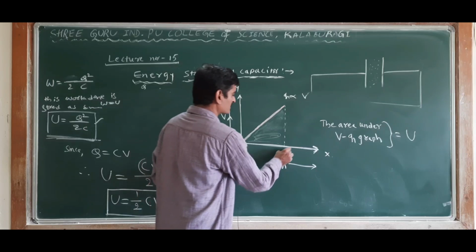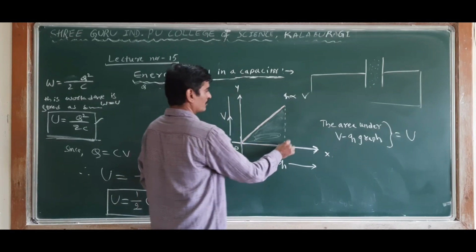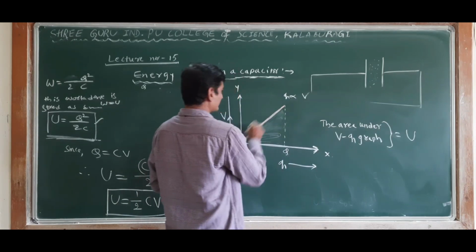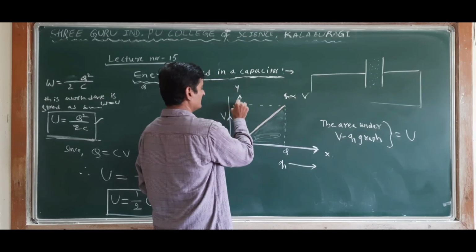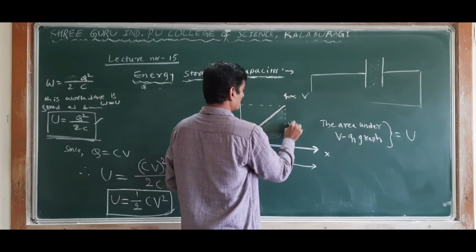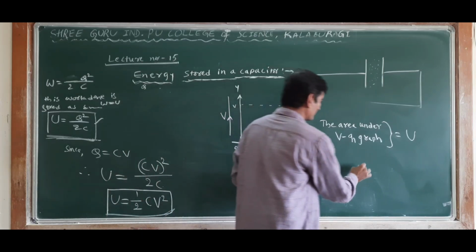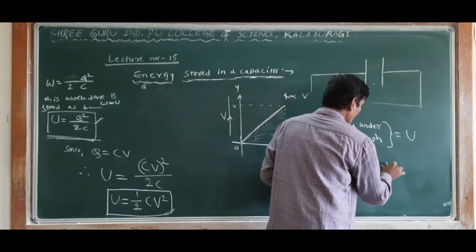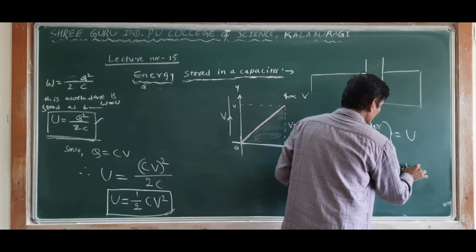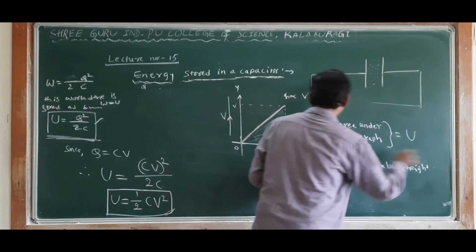If the total charge is capital Q and the total potential is V, then V is equal to Q by C. The area under this graph is 1 by 2 into base into height, because it is a triangle.